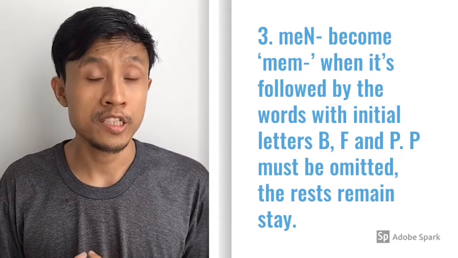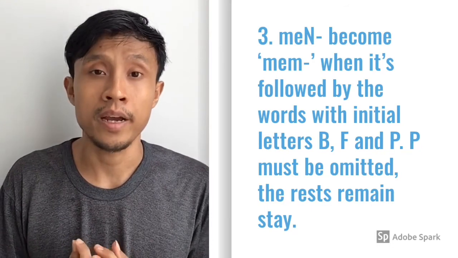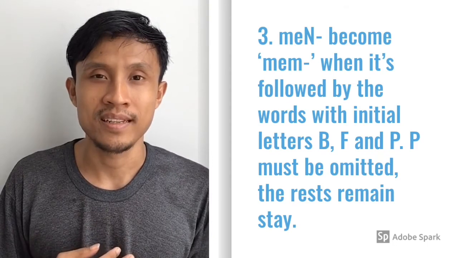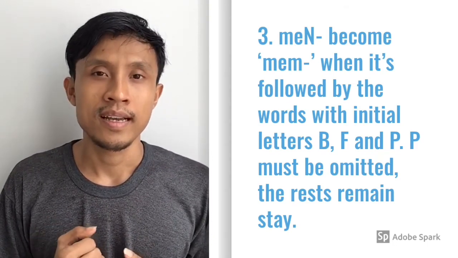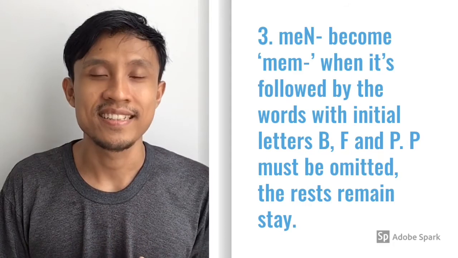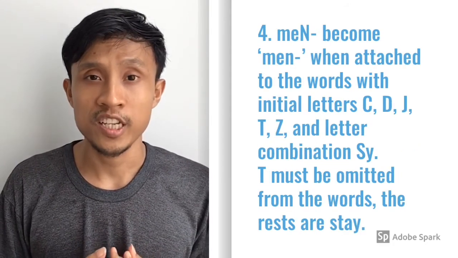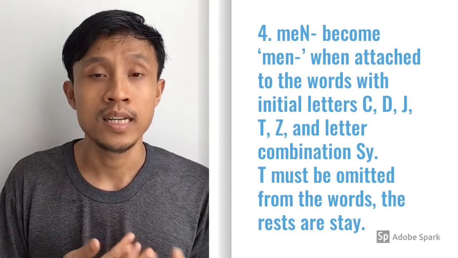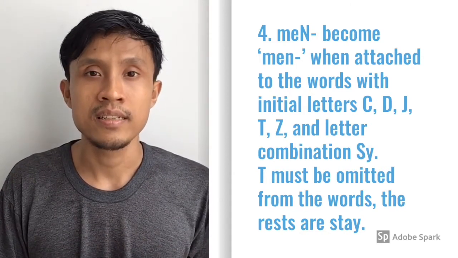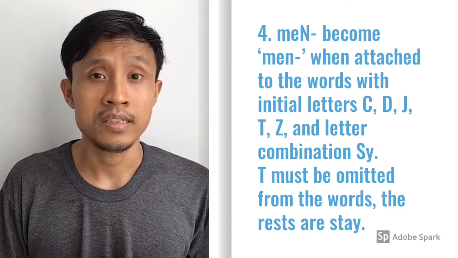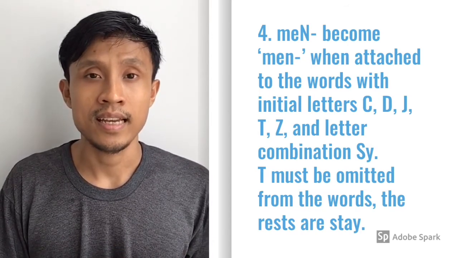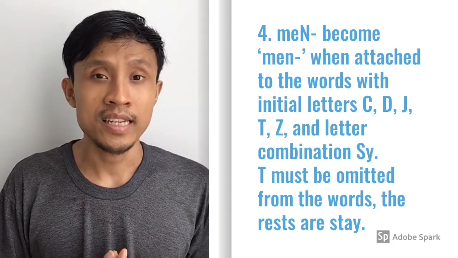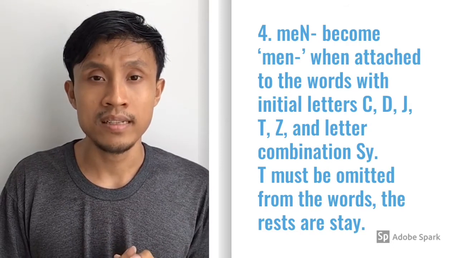Me will change to mem when it's followed by the words with the initial letter B, F, and P. P goes and the rest stay. Me will change to men when it's followed by the words with the initial letter C, D, J, T, Z, and the letter combination S and Y. T will be omitted while the rest will stay.